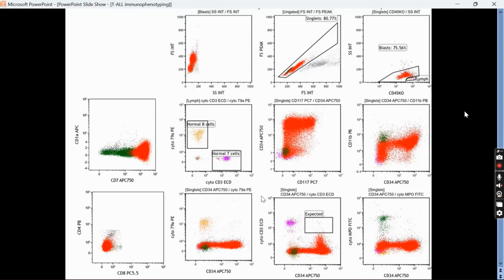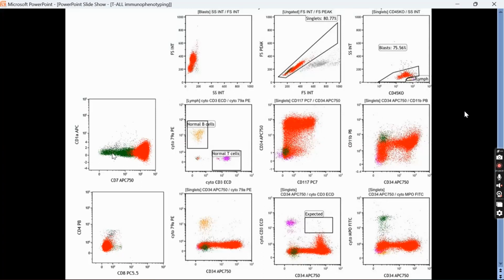So what I want to show you by this case is, can this be AML minimally differentiated? It can't be. Very good. I was about to say that. You told it. It can't be AML because AML will not show bright CD7 like this. If it is an AML with aberrant CD7, it will show a very dim CD7.